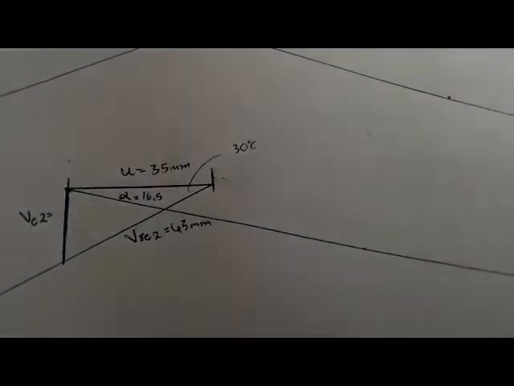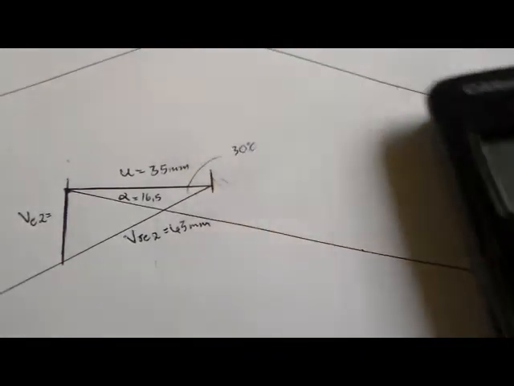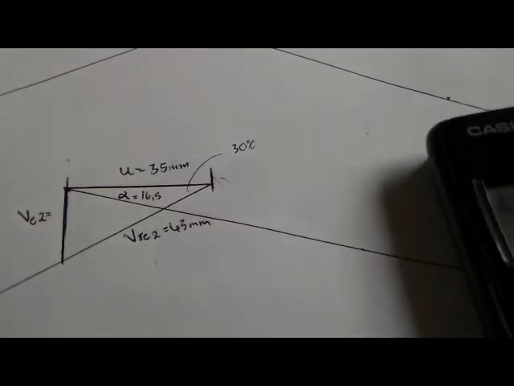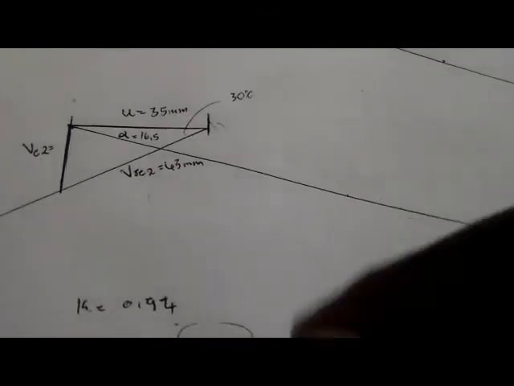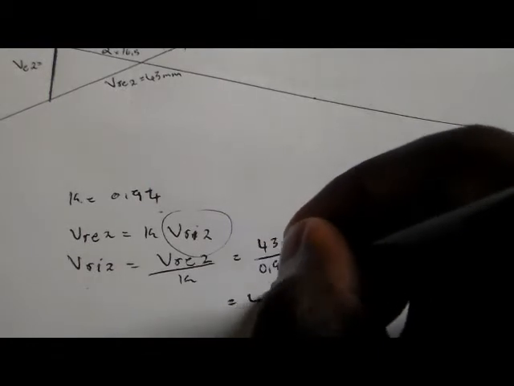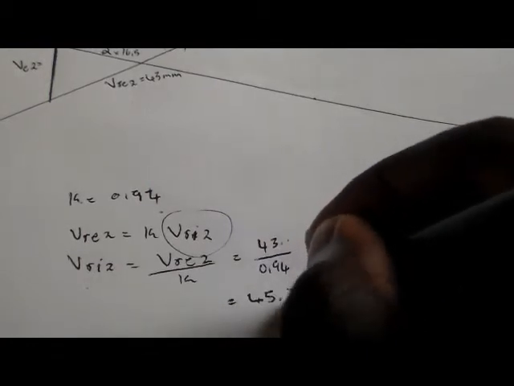Okay, let me show. So it's 43 divided by 0.94, and then we get 45.7. Here they can write it, they say it's 45.7.